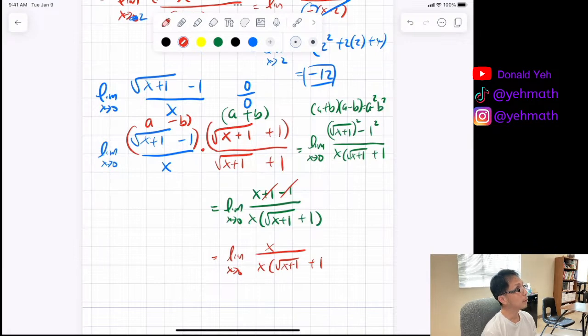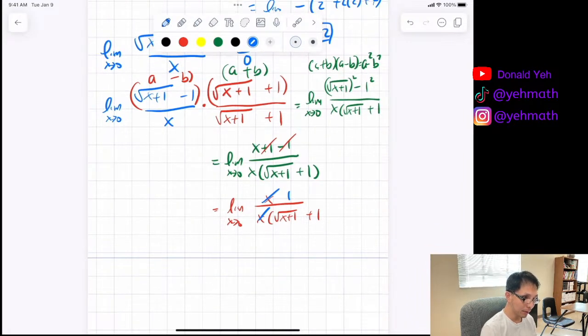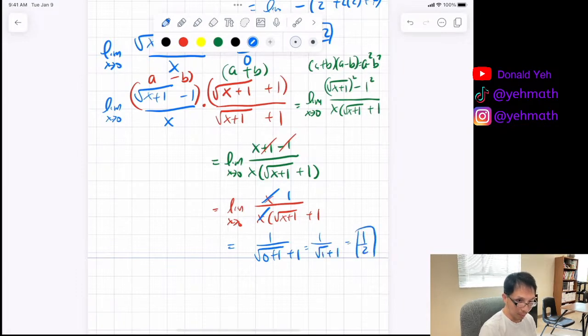You can cancel the x's. Good. The x is going to cancel out. Left the 1. Please always put a 1 on the top. If you cancel, sometimes could be negative 1. Now x is approaching 0, so I'm going to plug in the 0. Square root of 0 plus 1 plus 1. So equal to 1 over square root 1 plus 1 equal to 1 over 2. My answer is 1 over 2.